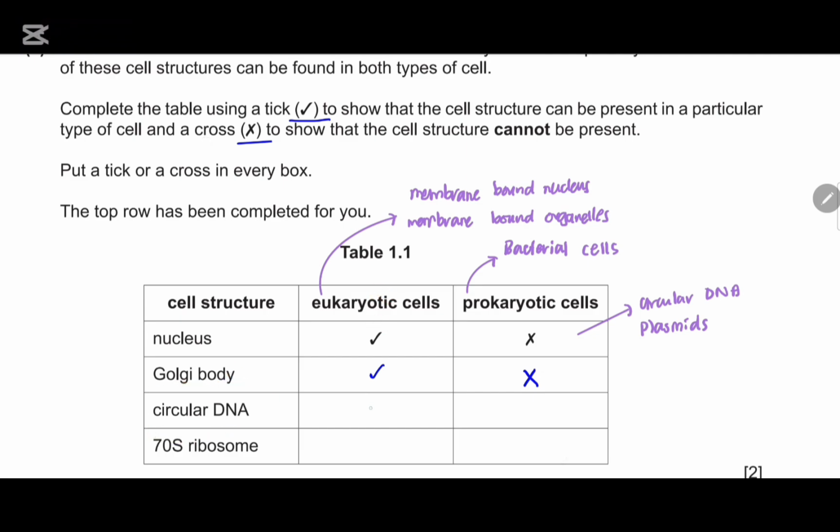Yes, they do. And prokaryotes, yes, they do, because I've just mentioned that earlier. Now, where exactly in a eukaryotic cell can we find the circular DNA? That can be found in the mitochondria and the chloroplast.